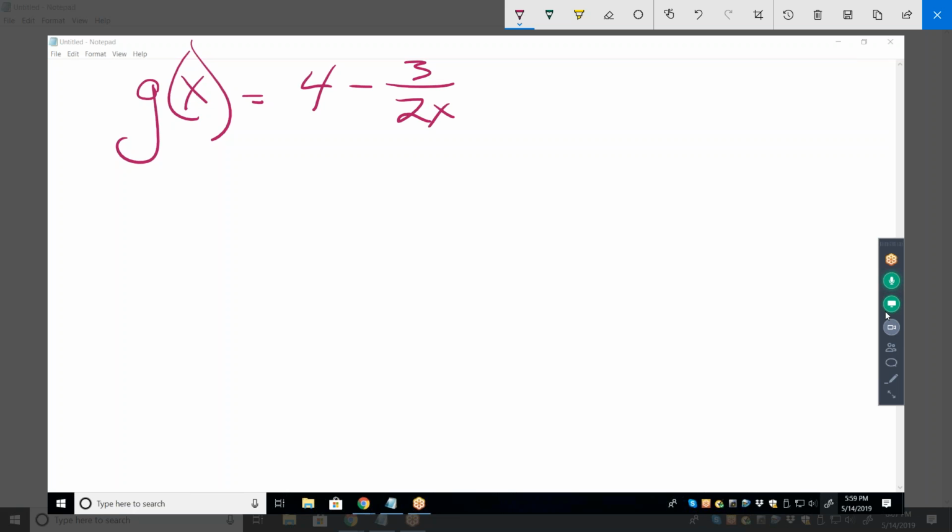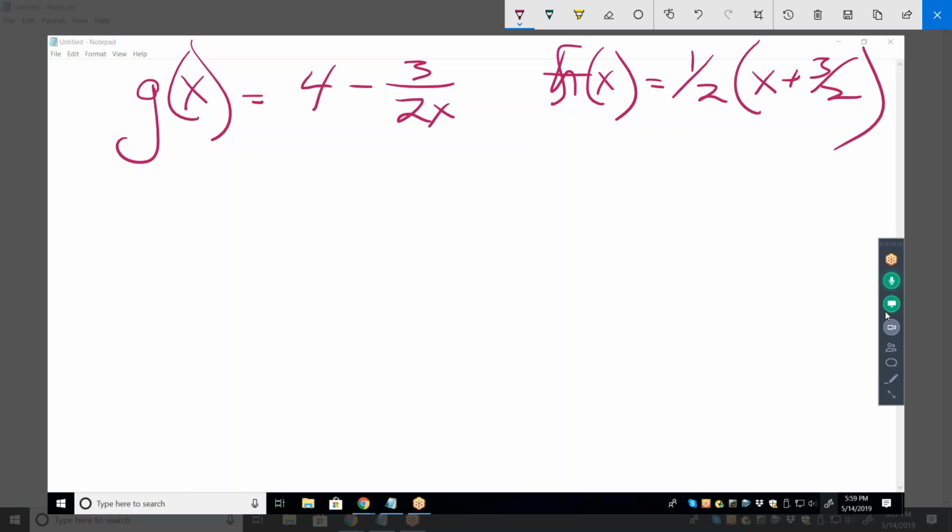What's the second equation? The second equation is f of x equals 1/2 x plus 3 over 2. Like that? It's 1/2 x plus 3 over 2. Yeah.